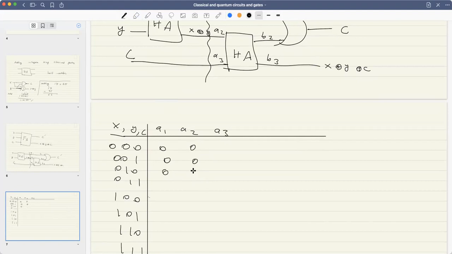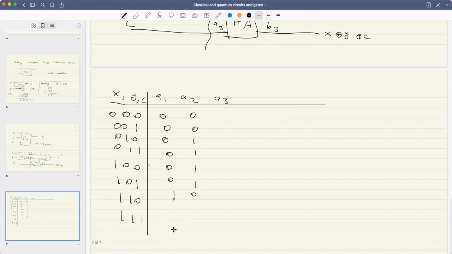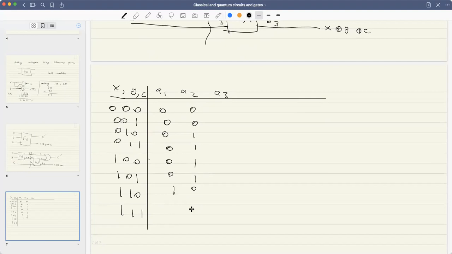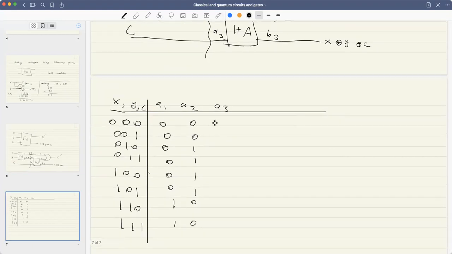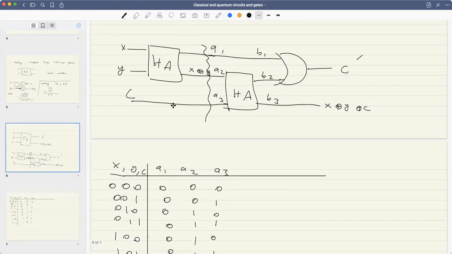X and Y being 0 and 1 gives 1 with a carryover of 0, and 1 and 0 again gives 1 with a carryover of 0. 1 and 1 gives me 0 with a carryover of 1, again 0, 1. So what is A3? A3 is nothing but C, so we didn't even have to write it. I just copied that: 0, 1, 0, 1, 0, 1, 0, 1. Perfect. So that's the action of this first half adder.